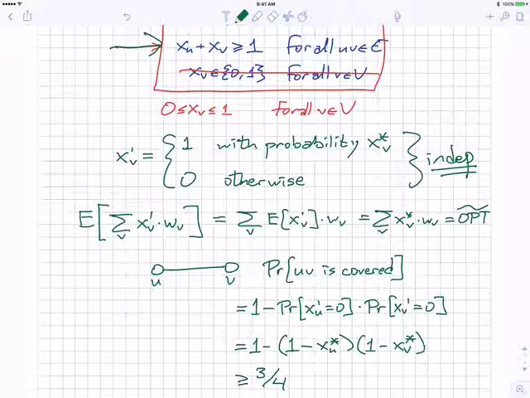The claim of independence attaches only to the random stuff. And the only thing random in this picture is x prime v. xv star is not random. It is the solution to a linear program, which I'm now going to interpret as a probability. The randomness is all in these variables.